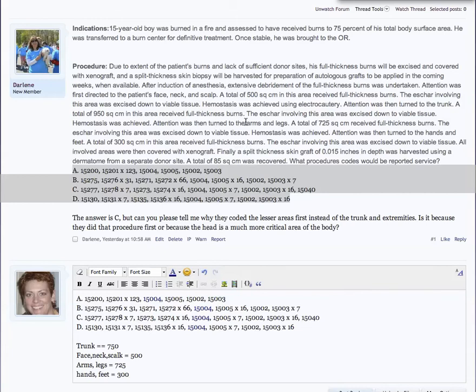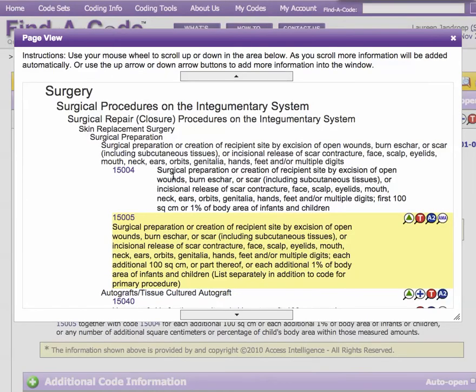All right, so going back to our prep code here. This bubble here, or grouping, is for the face, scalp, eyelids, mouth, neck, ears, orbits, genitalia, hand, and feet. All right, so we need to add everything up from those locations.